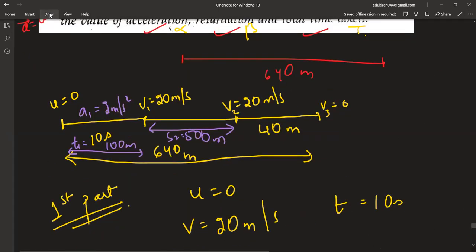All the information for the second part is calculated. The acceleration is simply 0, distance is 500, time is 25 seconds. Every detail has been calculated. Come to the last part. Last part: distance is 40, initial velocity 20 meter per second, and 0 is the final velocity. Come to the third part.